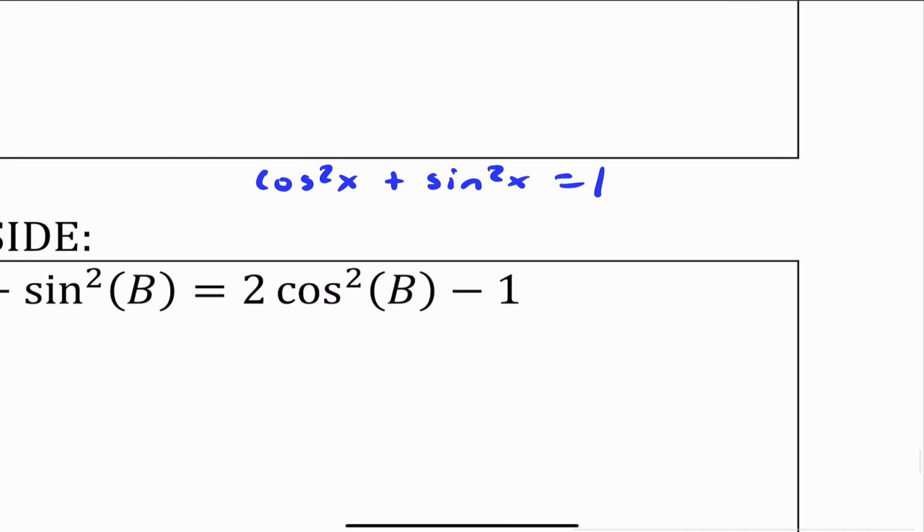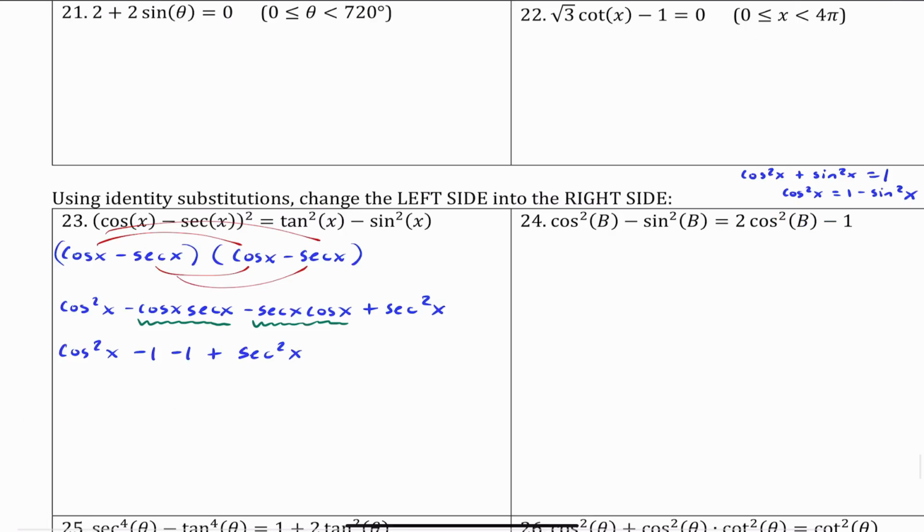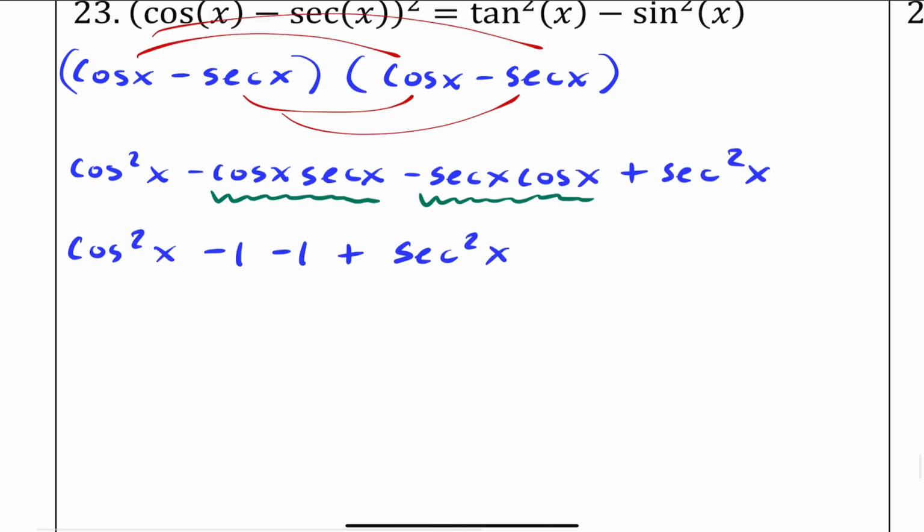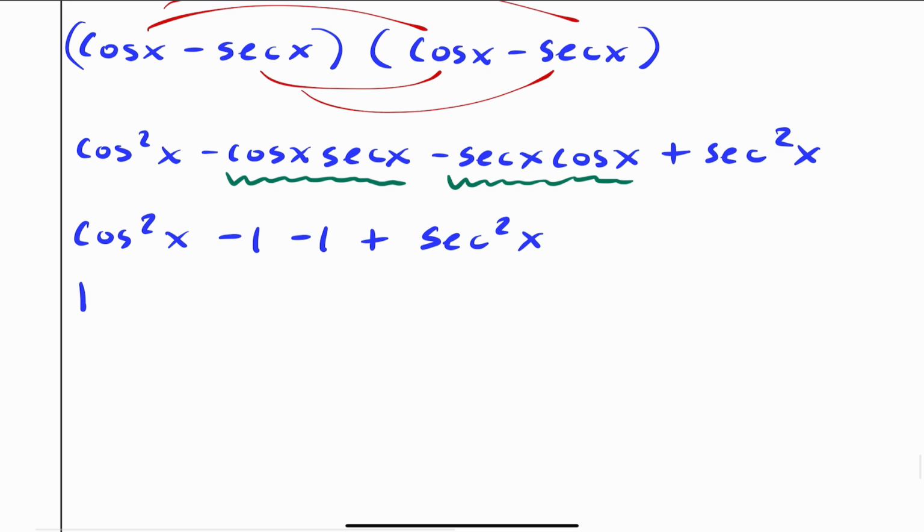So if I were to subtract both sides by sine squared of x, well, cosine squared of x is equal to 1 minus sine squared of x. So I can replace cosine squared of x with this. So I'm replacing this with 1 minus sine squared of x minus 1 minus 1.